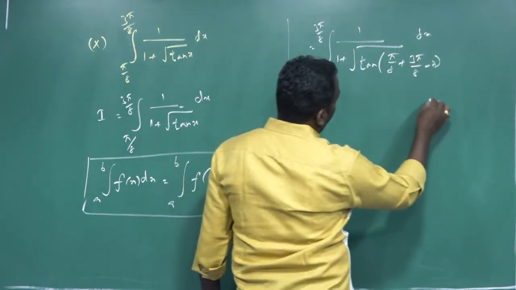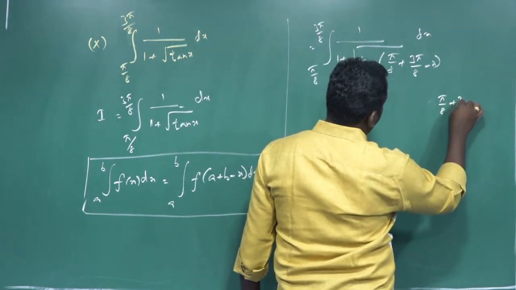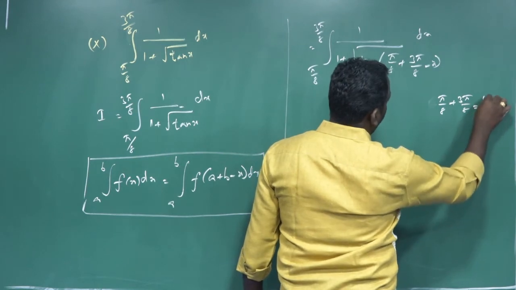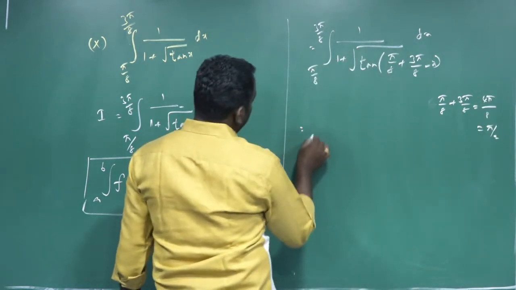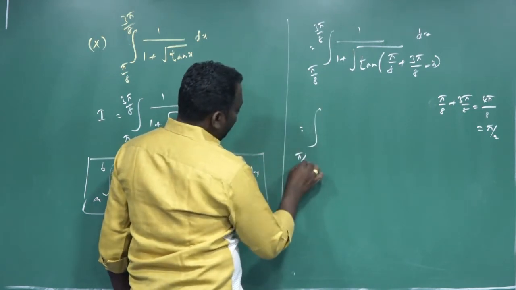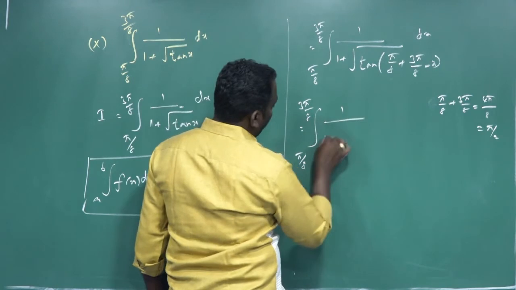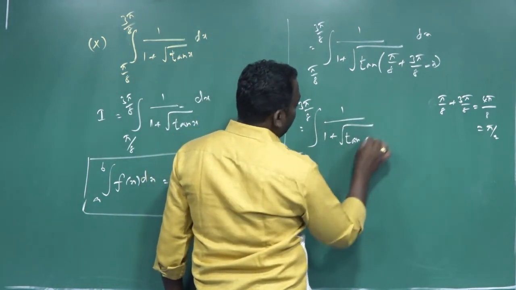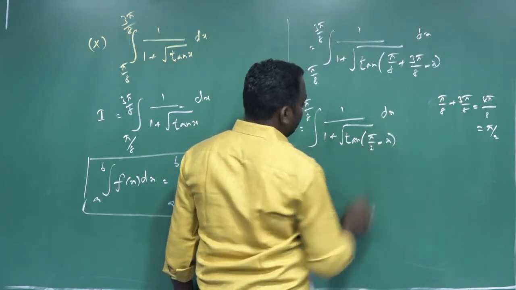Now add the values, 3 pi by 8 plus pi by 8. Both have the same denominator 8, so it is 4 pi, and cancelling, pi by 2. Therefore the integral from pi by 8 to 3 pi by 8 of 1 by 1 plus square root of tan of (pi by 2 minus x) dx.